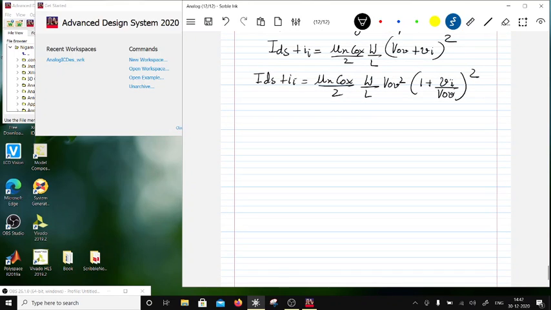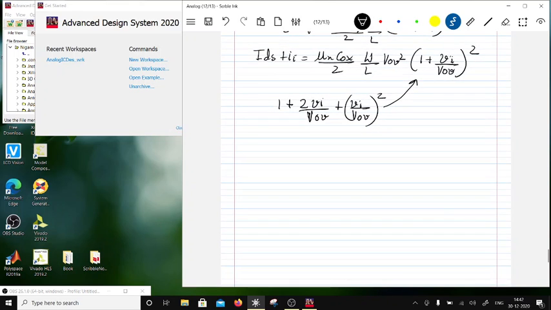Now I'm going to expand this term on the right hand side, so it will be 1 plus twice Vi over V overdrive plus (Vi over V overdrive) square. So that will be the term which I will substitute over here.